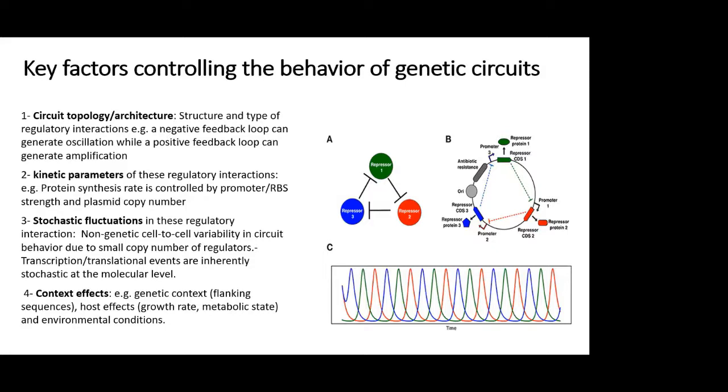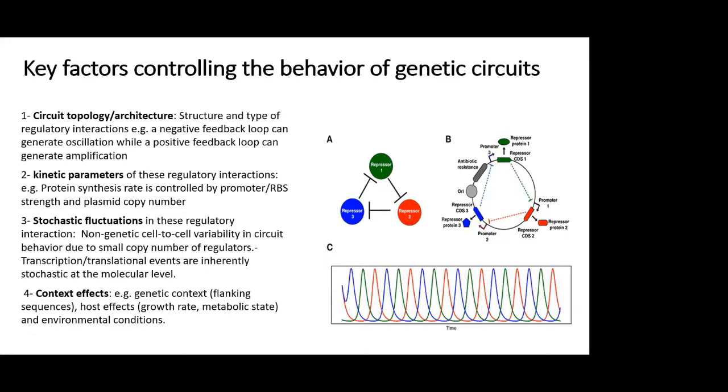So this lack of synchronization is caused by stochastic fluctuation. So this cell-to-cell variability is not due to genetics, it is due to the probabilistic interaction, the fact that we have only a few copies of our regulators inside the cell.